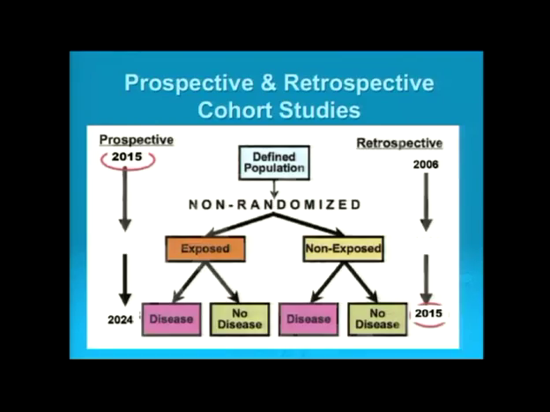So there are prospective studies going on, but the more common type of prospective cohort study is what we might refer to as retrospective. And with electronic data, this is becoming more and more common. So this means that I would go today, let's say in 2015, back to some database or access to data in 2006.